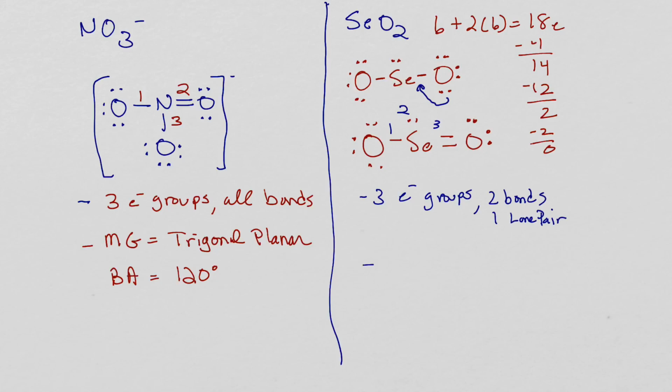So referencing our table and eventually remembering, if I have 3 groups, it's going to give me a generally trigonal planar shape. But when one of those is a lone pair, we call that molecular geometry bent. And our bond angles here are going to be less than 120 degrees. Again, we can't say exactly, but the basic angle is 120 with 3 electron groups, so when we have lone pairs, we know it's going to be less than.